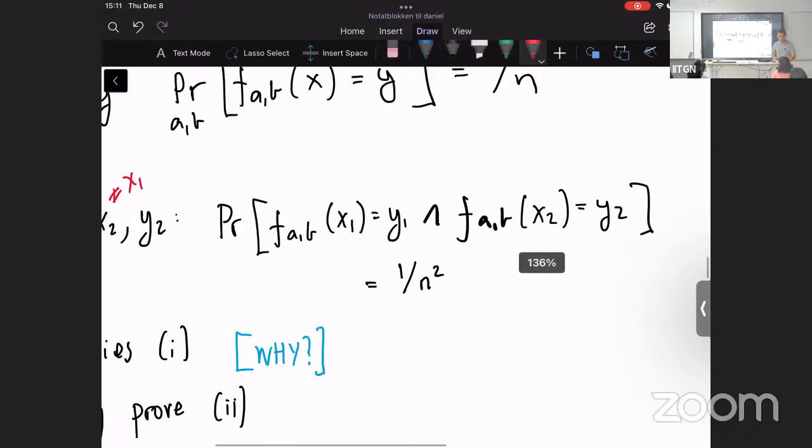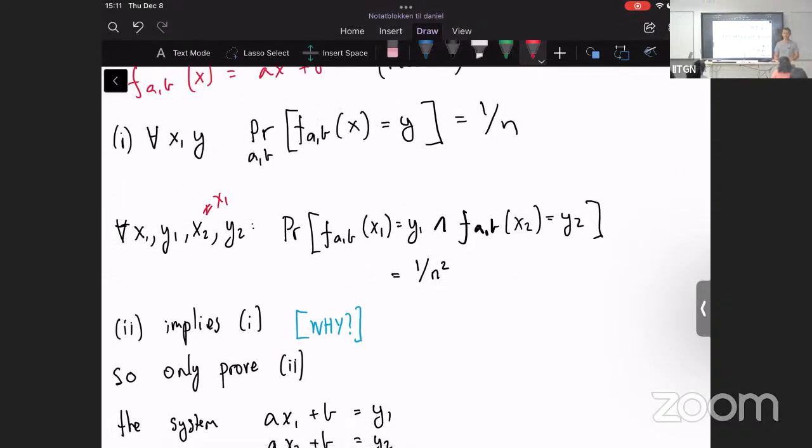And then by conditional probability, or Bayes' theorem, the probability that f of x2 equals y2 given f of x1 equals y1 equals what? 1 over n, right? Still. So it's the same as if you didn't condition.